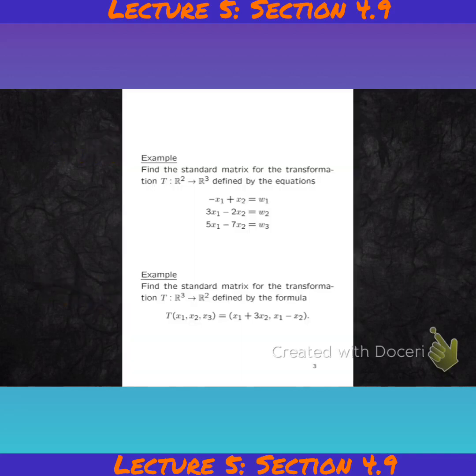Next, let's do another example. They ask me to find the standard matrix for the transformation from R3 to R2, where the transformation takes a vector and maps it to a vector in R2.